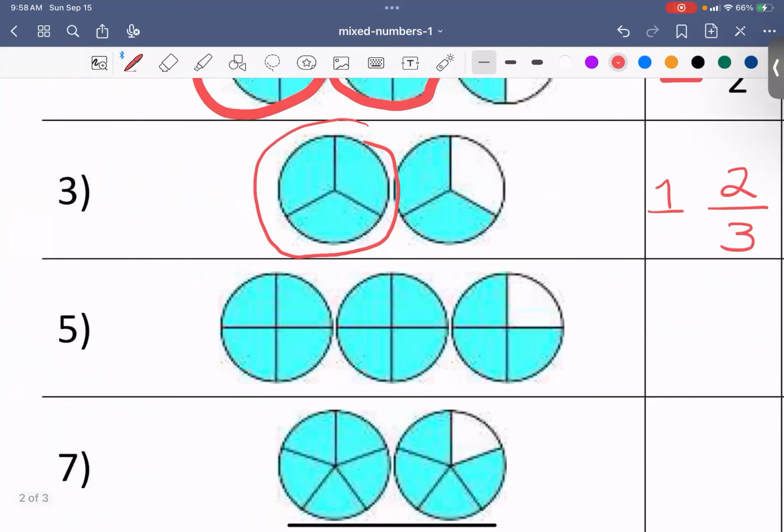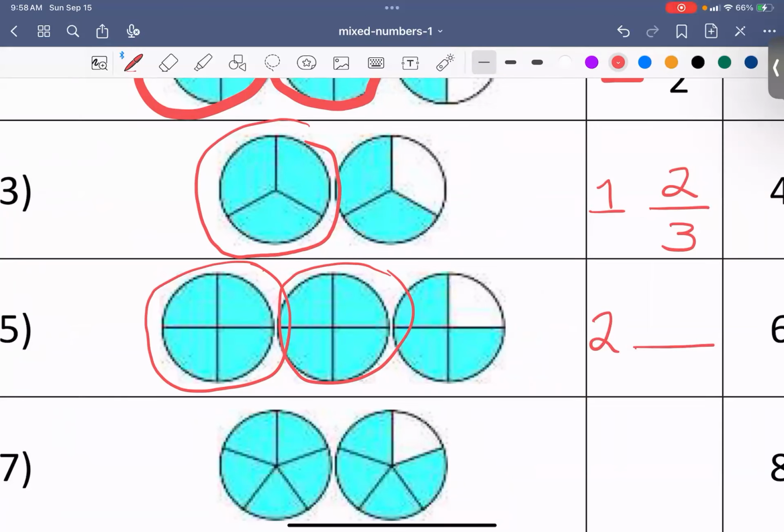Next one, we have two full circles shaded. The last circle is cut into 4 parts, and 3 of the 4 parts are shaded.